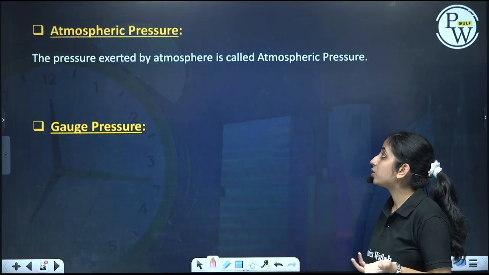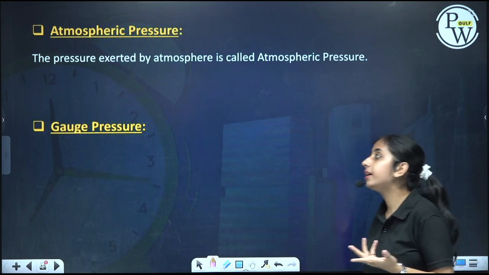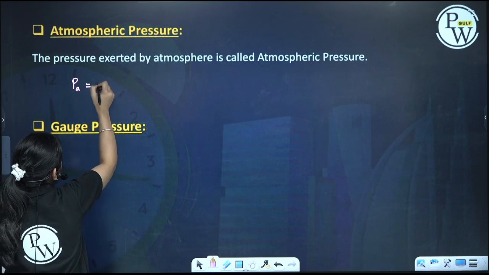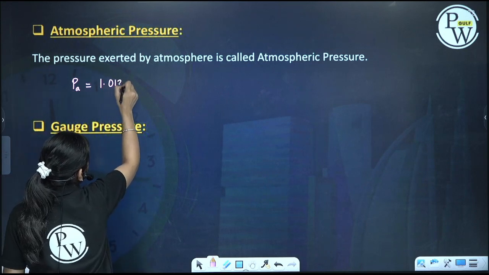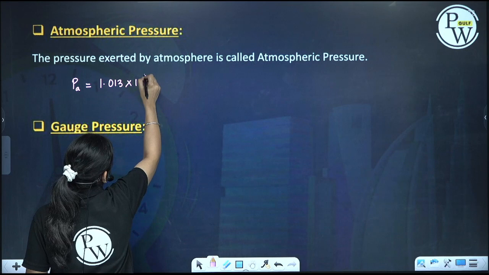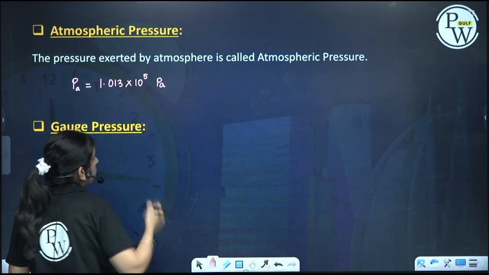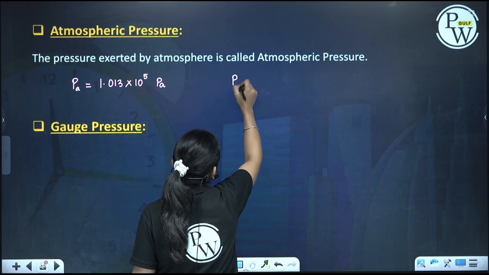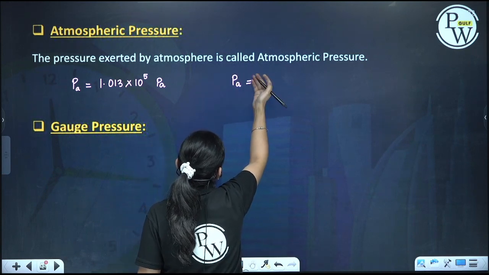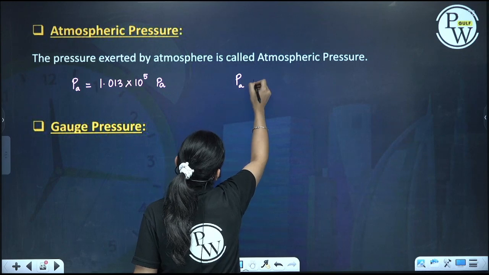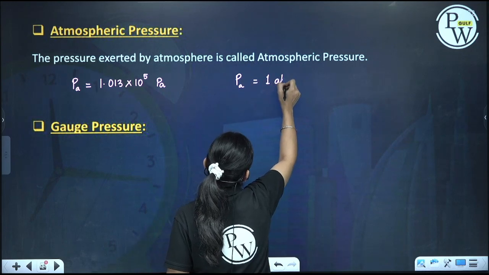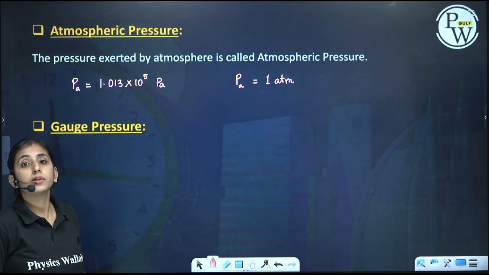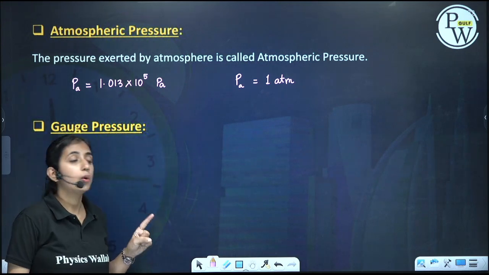Atmospheric pressure is equal to 1.013 into 10 raised to the power 5 pascals. Atmospheric pressure is also equal to 1 atm.